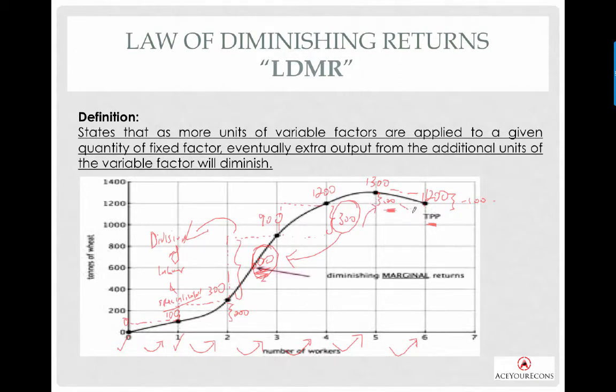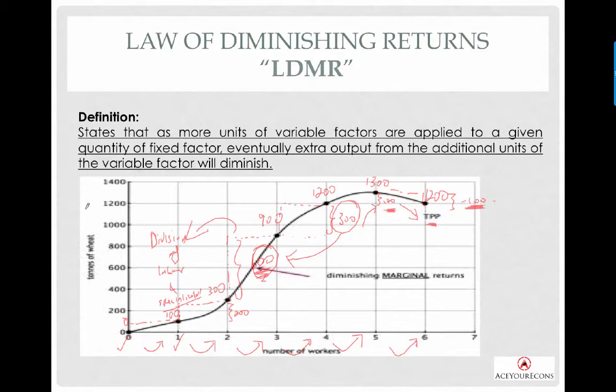And eventually there is a decline in your production, meaning to say the 6th worker that you hire, you will experience a fall in your output, not a slowdown anymore, but a fall in your output. Reason being that the workers get into each other's way in such a way that they can no longer coexist, or they can no longer operate together anymore.